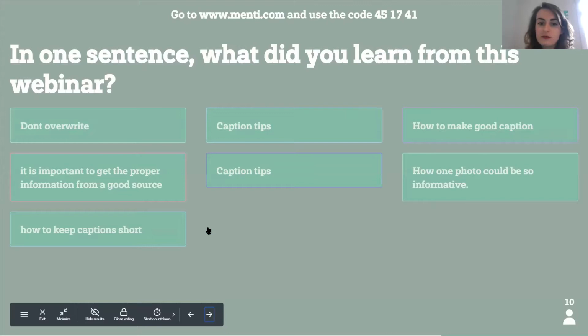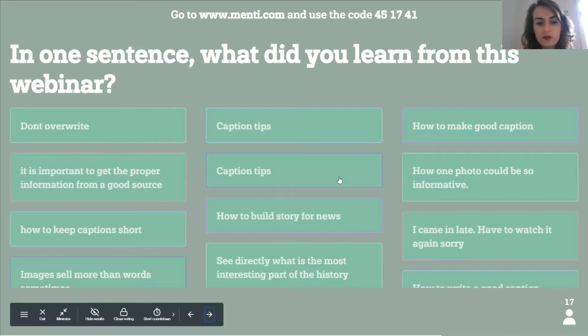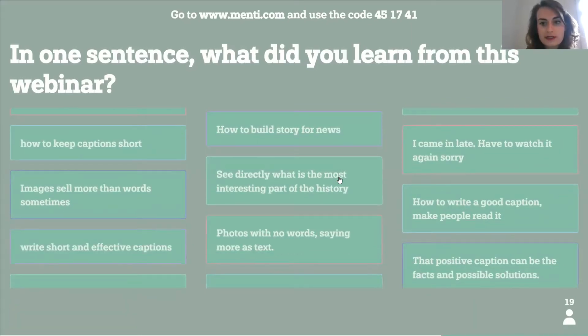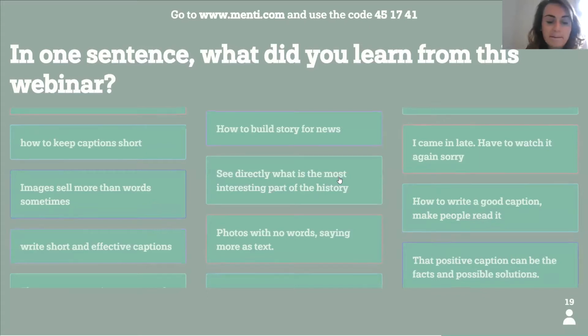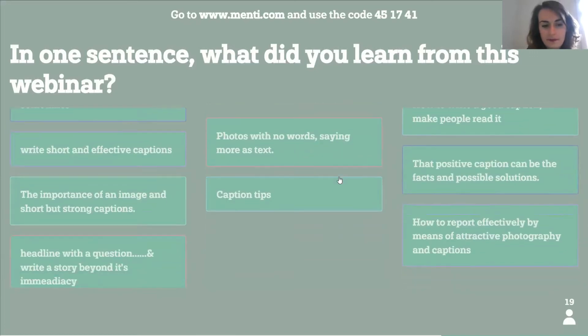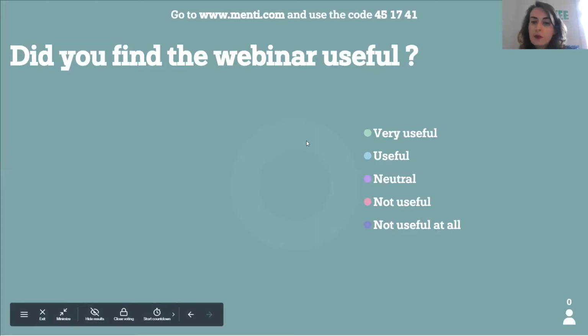Yes, it's what we have seen with the video and the speech of James. Lots of answers coming at the same time. How one photo could be so informative. Yes, what we have seen at the beginning, and different interpretation too. How to keep captions short, how to build a story from news. A photo with no words saying more than text. This is the sentence we began with. Caption tips. Very good.